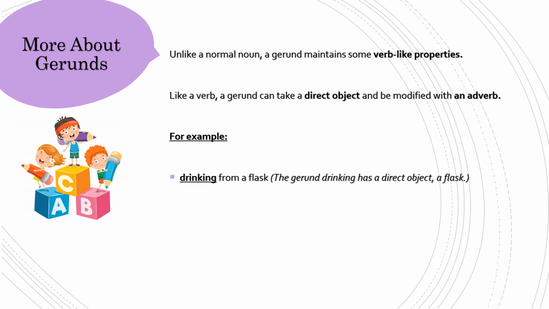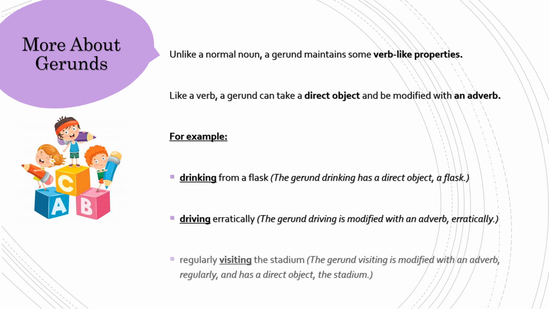The gerund drinking has a direct object, a flask. Driving erratically. The gerund driving is modified with an adverb, erratically. Regularly visiting the stadium. The gerund visiting is modified with an adverb, regularly, and has a direct object, the stadium.